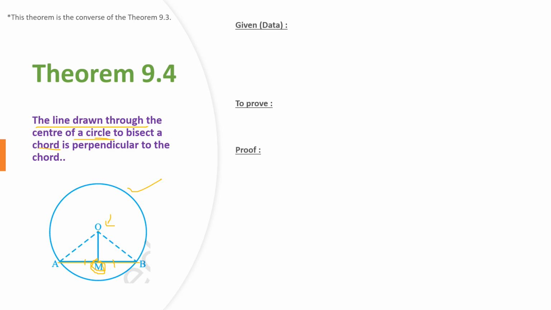If I do this, the line becomes perpendicular to the chord. Very similar to theorem number 3, right? In the previous theorem, we drew the perpendicular line and proved that it bisects. This time we draw a line with a bisection, and we have to prove that the line is perpendicular. This is the converse.